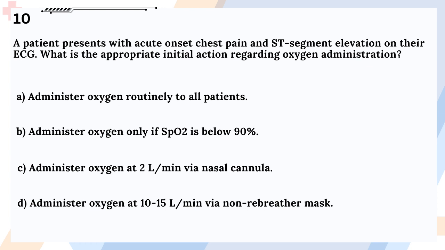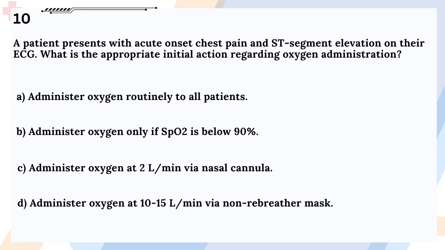Question 10. A patient presents with acute onset chest pain and ST segment elevation on their ECG. What is the appropriate initial action regarding oxygen administration? A. Administer oxygen routinely to all patients. B. Administer oxygen only if SpO2 is below 90%.